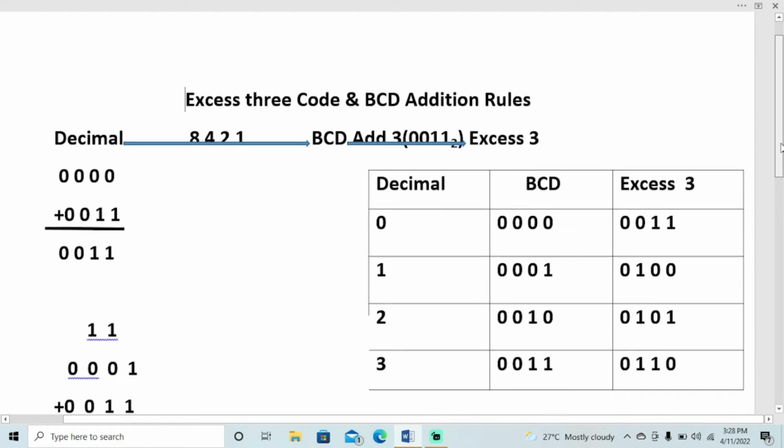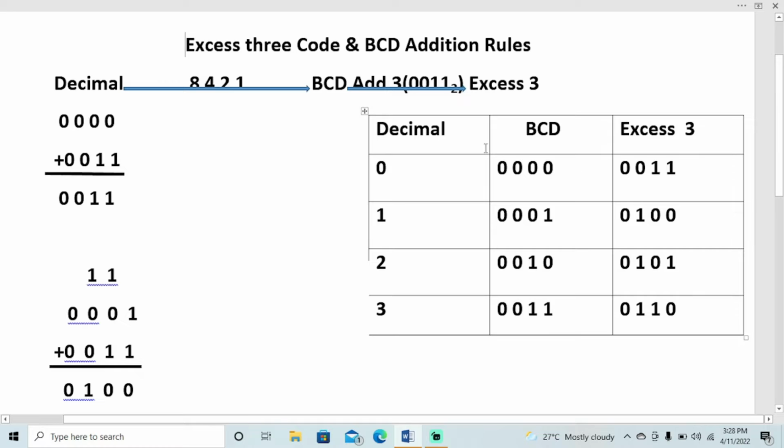I have done some examples here. Let's take an example in a decimal of 0, where the BCD is 0, 0, 0, 0. In order to get the excess 3 code, you just take 0, 0, 0, 0 plus the 3 bits, which are 0, 0, 1, 1.